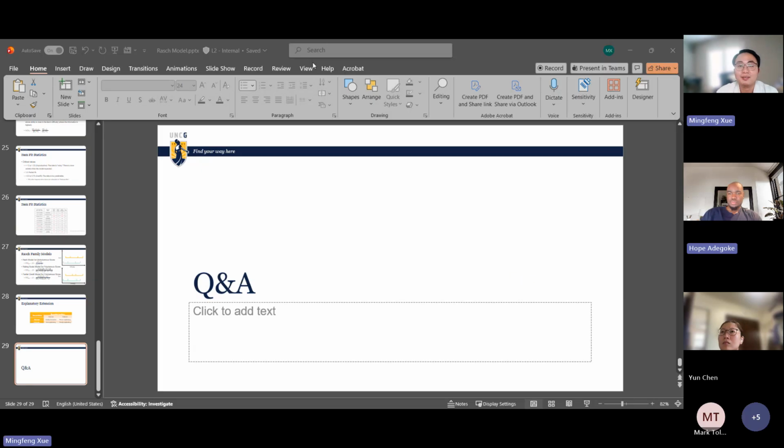Okay, let me take a look at it. So this is actually a good question. If you take a look at the chat, Donovan is asking whether the test construct can influence what is suitable in terms of the model choice.